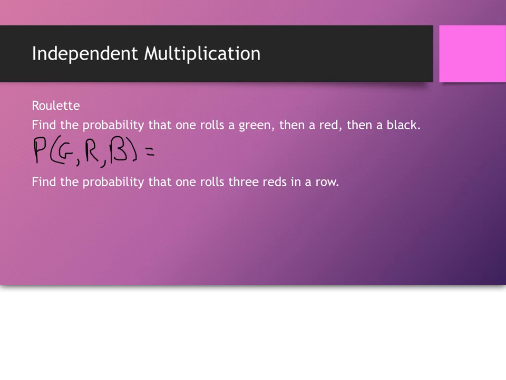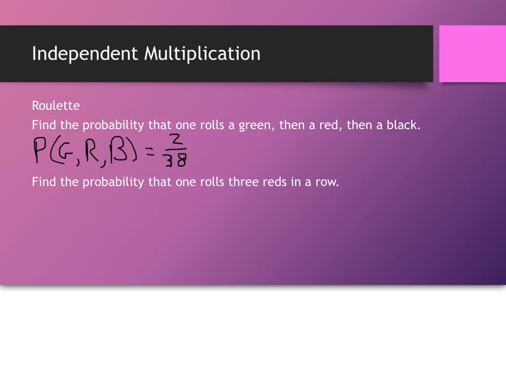That is different than black first, red second, green third, right? So be careful about the order on these things. Not that it's going to matter in calculation, but it is going to matter if somebody asks you the same question without order. So green is 2 out of 38.